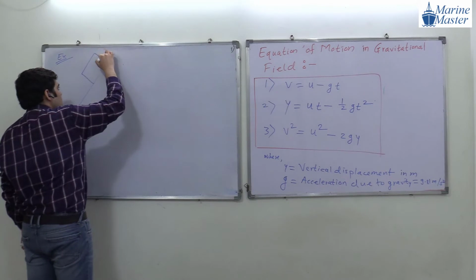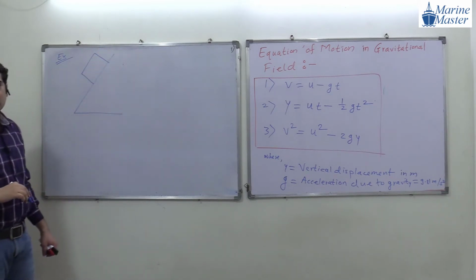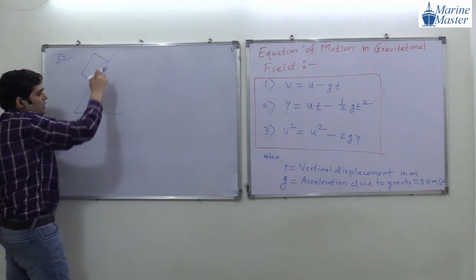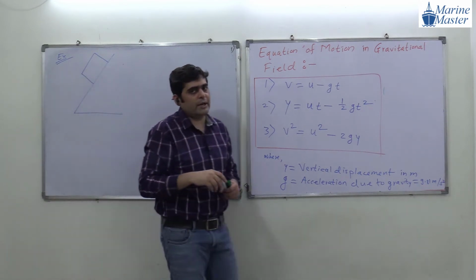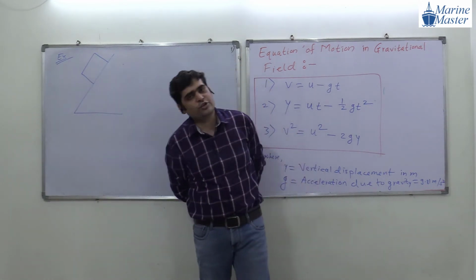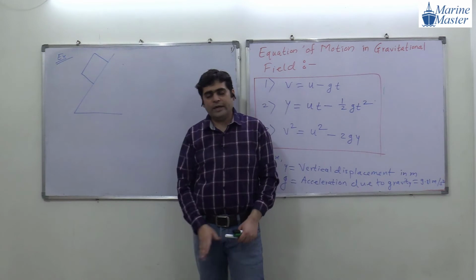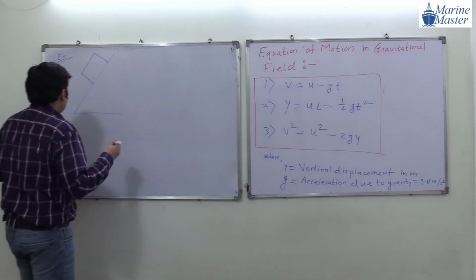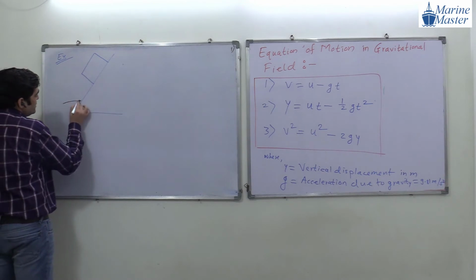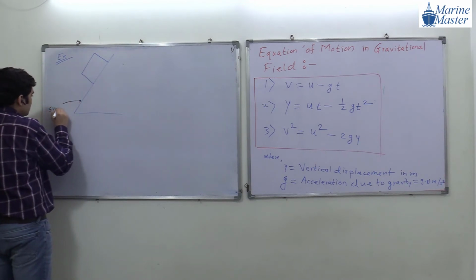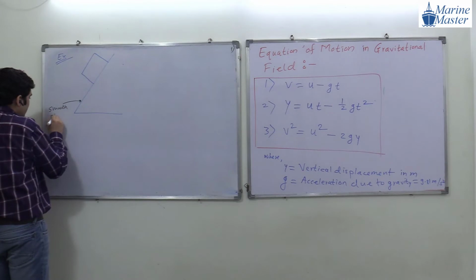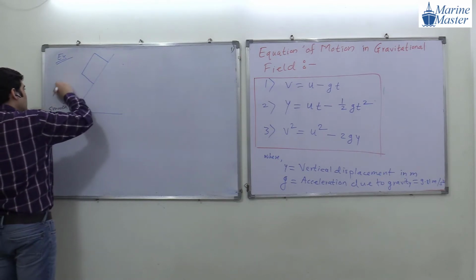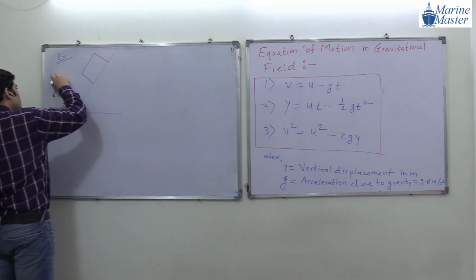My question for all of you: in this scenario, is the equation of motion in gravitational field applicable, yes or no? Here the object is going down. The speciality of this plane is that it is a smooth plane, and the object is going down due to its weight.